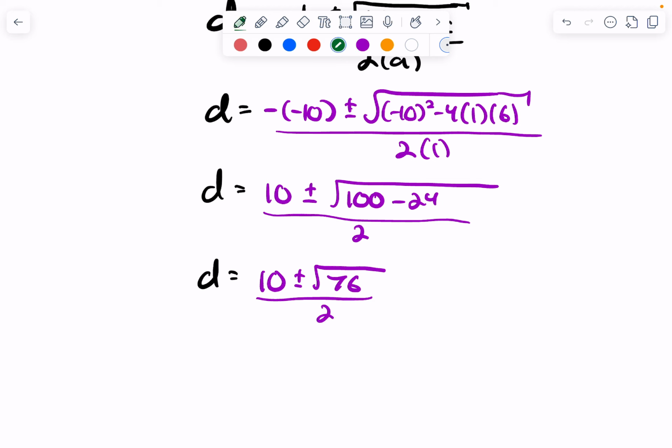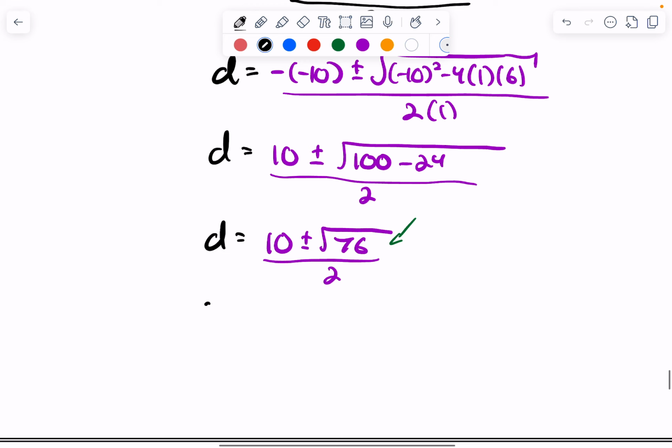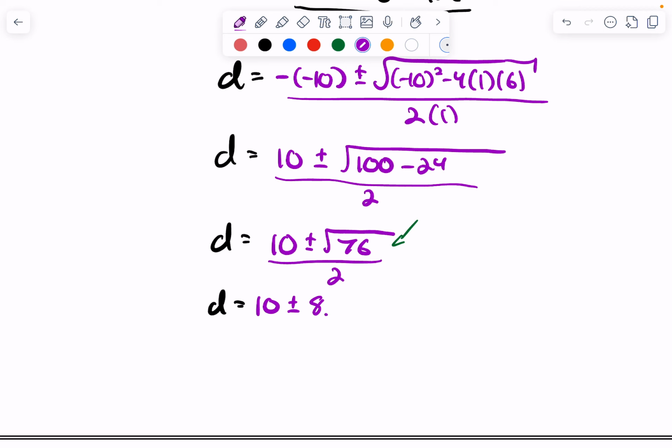This is not a nice square root, so use your calculator. The square root of 76, I get 8.72 after rounding. So d equals 10 plus or minus 8.72.